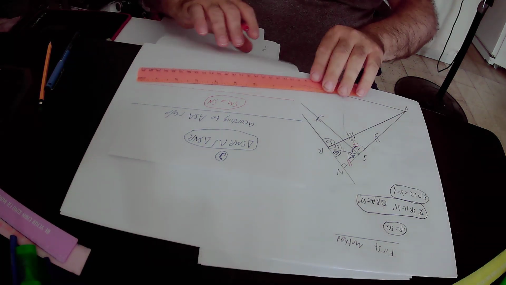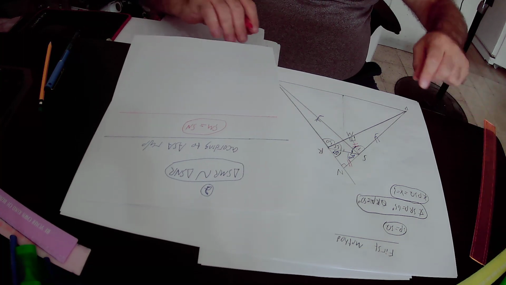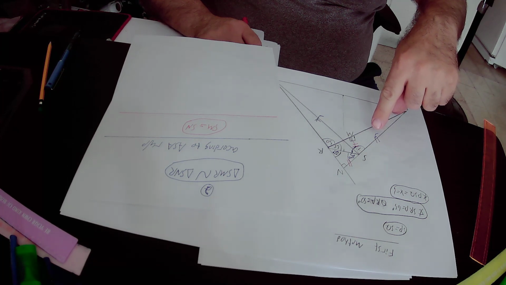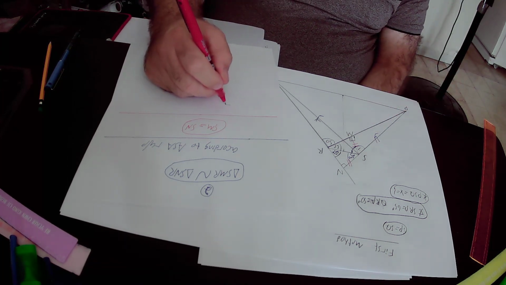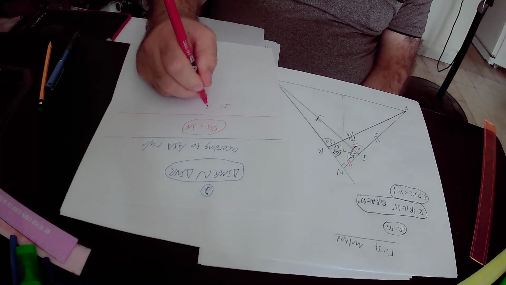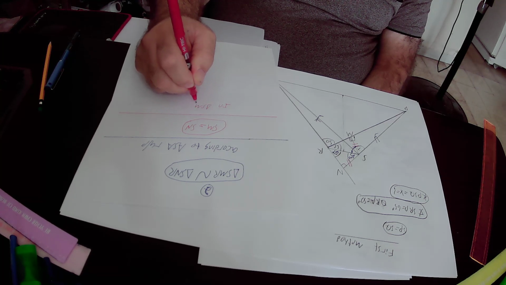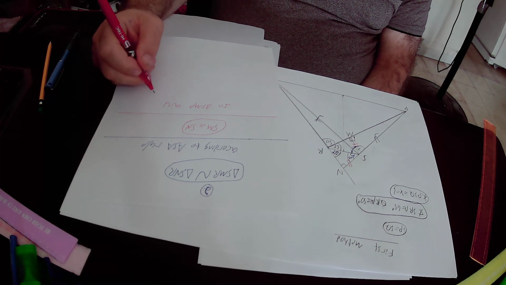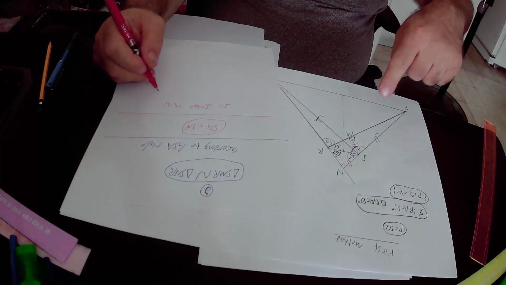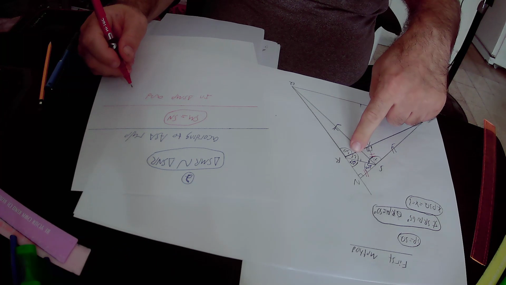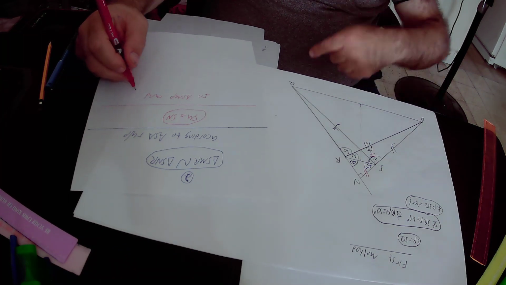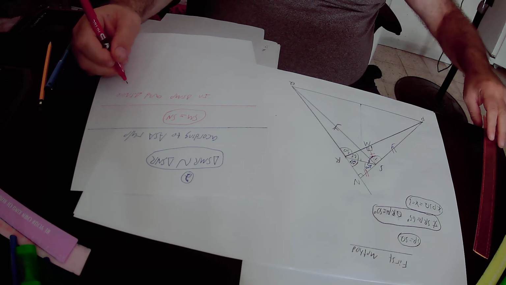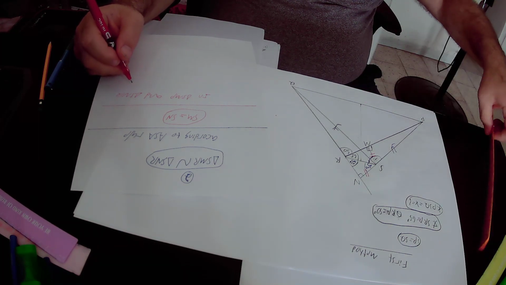In the next step, we will focus on the right triangle SMP and the right triangle SNQ. And we will prove that those two right triangles are congruent.